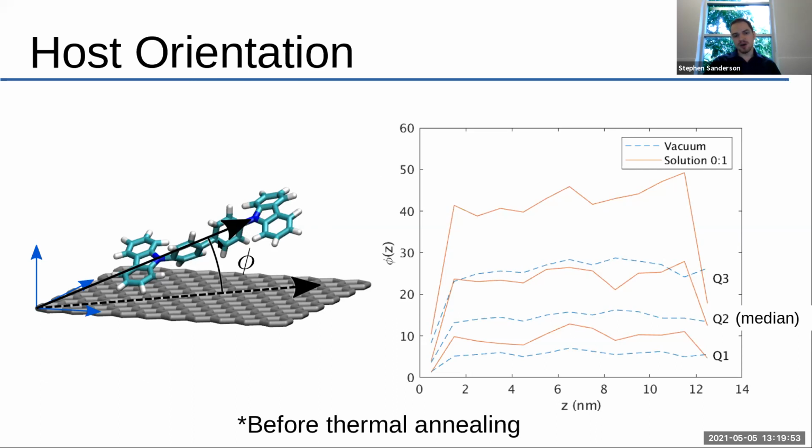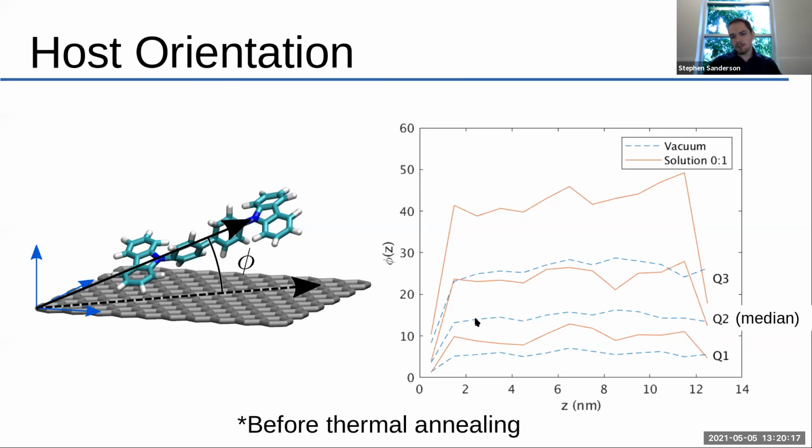Since electrons are being transported more through the CDP, it seems that this is why we're seeing that difference. And with a more realistic transport model, where anisotropic transfer rates are properly taken into account, there may be some other differences there. Now, all of this orientation data does come with the asterisk that it's before thermal annealing.